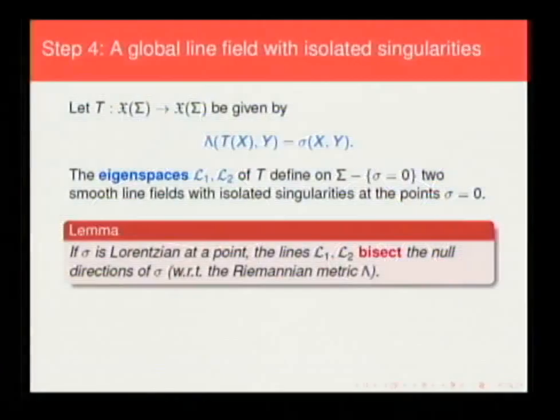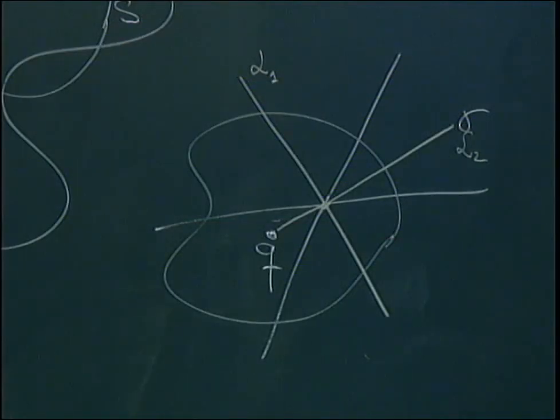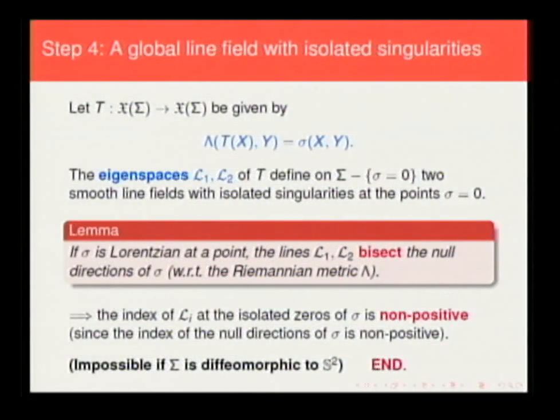So the index of L1 and L2 agrees with the index of the null lines of sigma. So now we obtain that the index of the eigenspace at the isolated zeros of sigma is non-positive, because so is the index of the null direction of sigma.